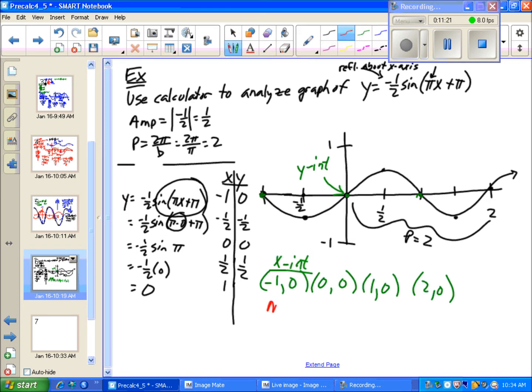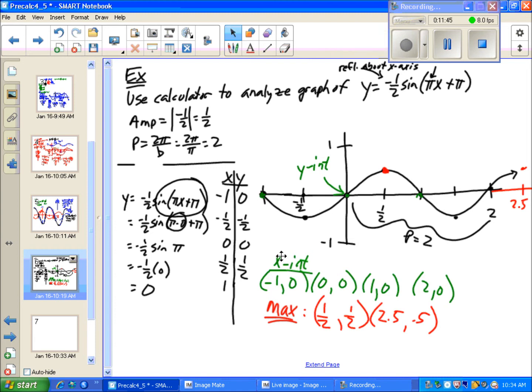What about your max values? Your local maxes, you see there's one. The next one's going to be right here at 2.5, so one half, comma, half, 2.5, comma, half, and so on.